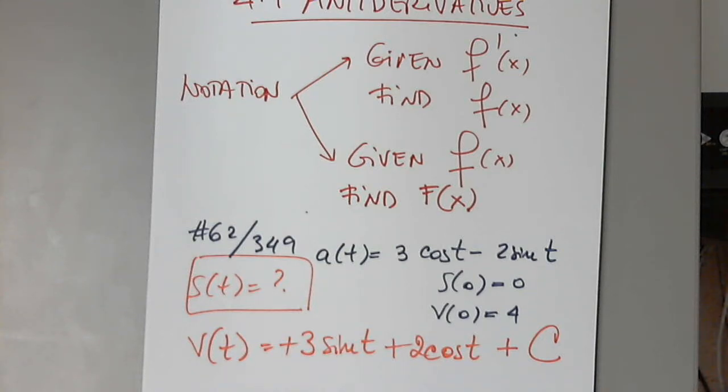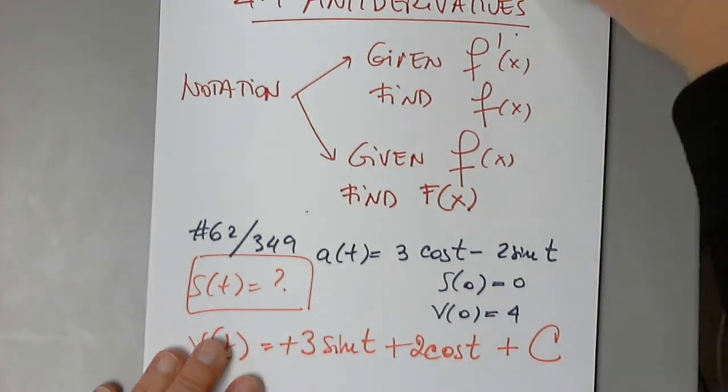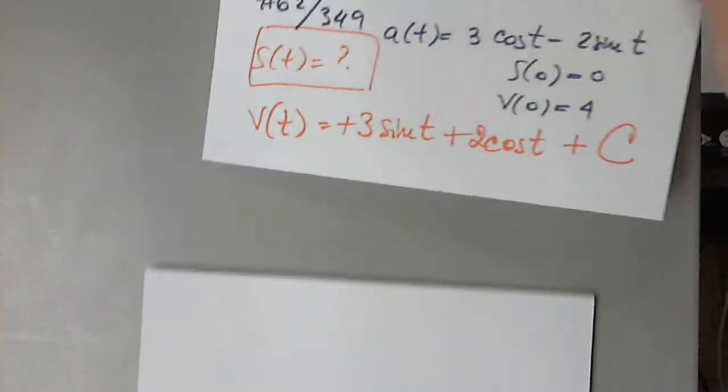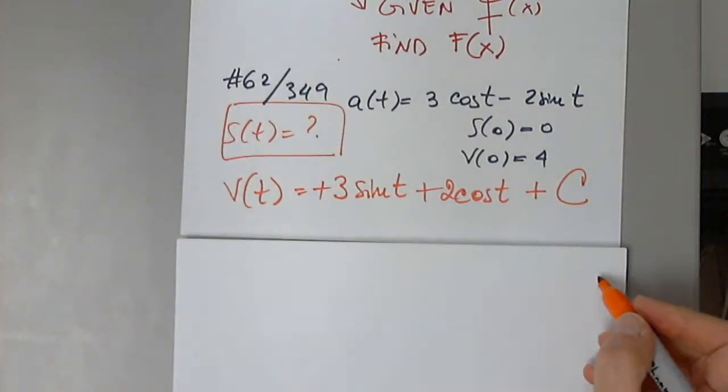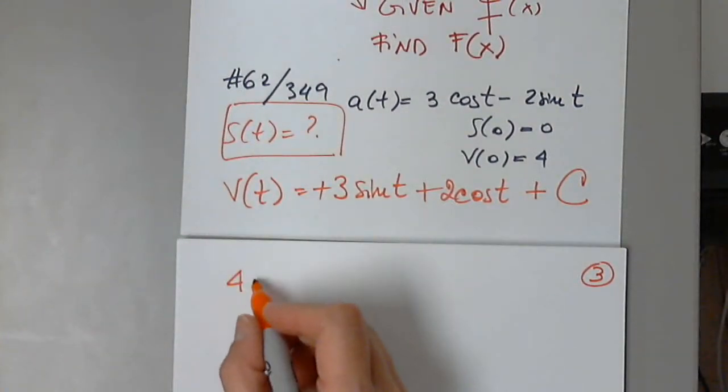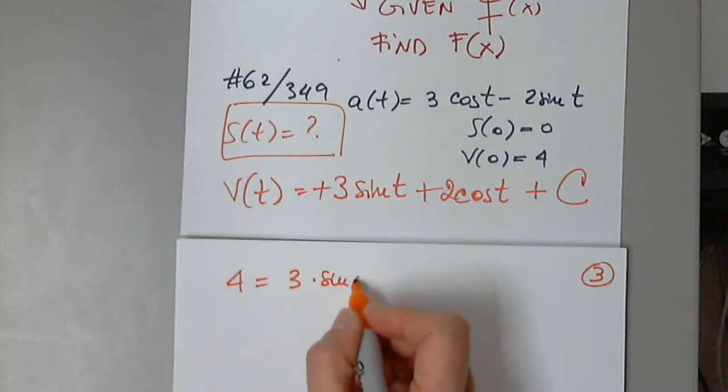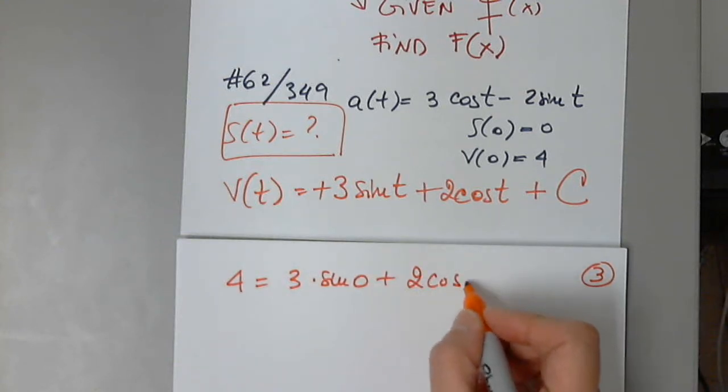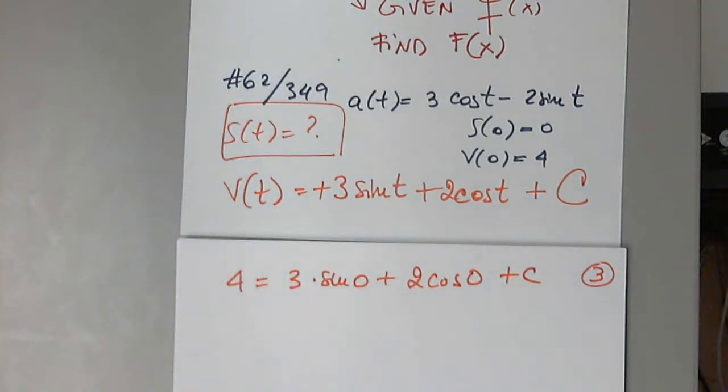I am given a piece of information that v of 0 is 4. Why do I need that? To solve for c. So the left-hand side is 4, and then I plug in 0 everywhere to find c: 4 equals 3 times sine 0 plus 2 cosine 0 plus c.